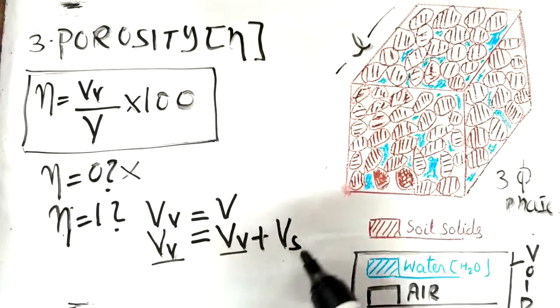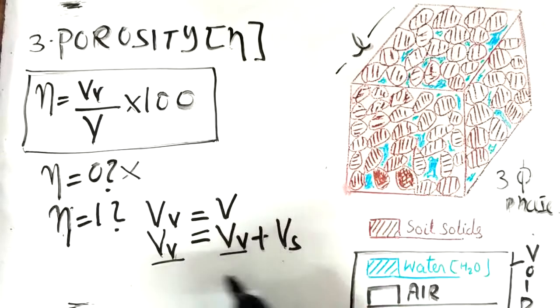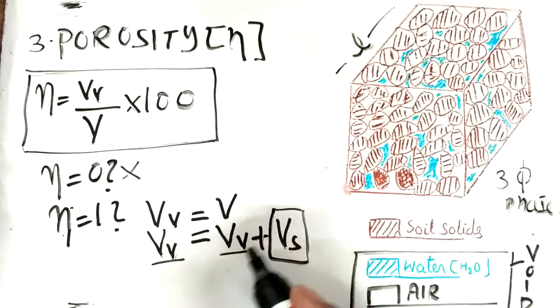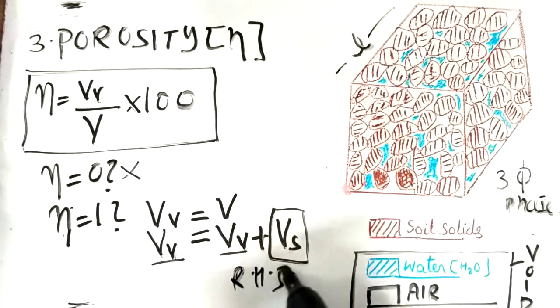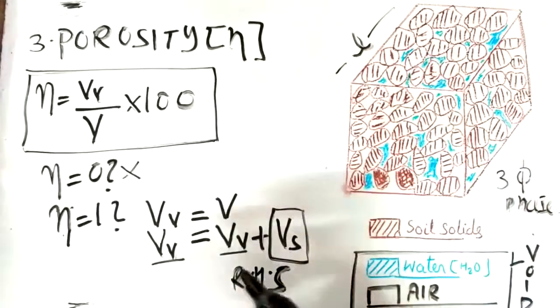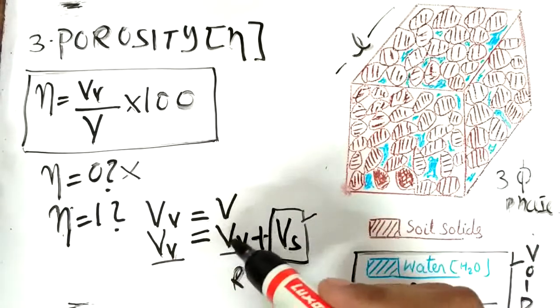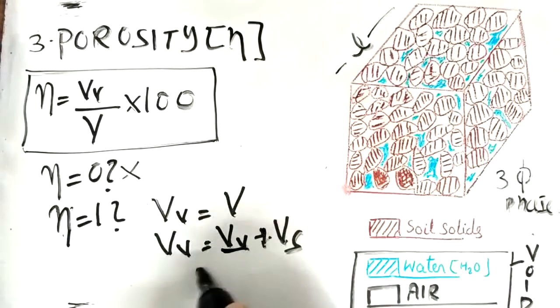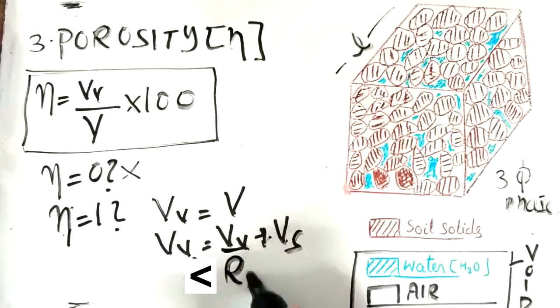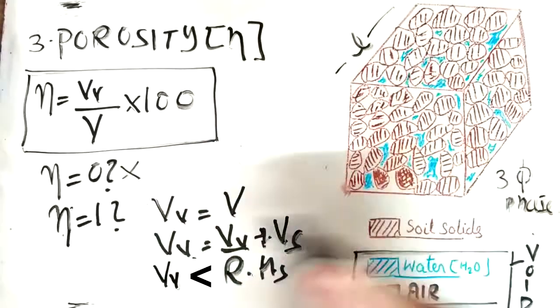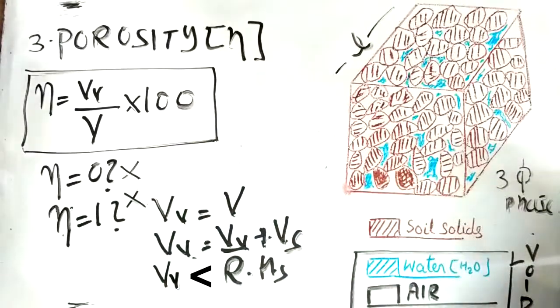Now to the RHS some term is being added, so my RHS will always be greater than my LHS, because I am adding something to the term VV. So also this case is not possible.